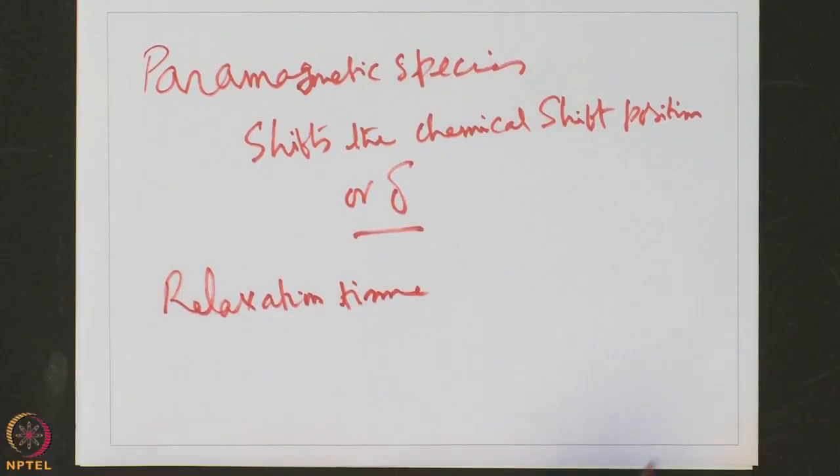In metalloenzymes, a lot of transition metal ions are involved, and some of them will have paramagnetism. Therefore, one can easily make out structures by using such paramagnetic species.